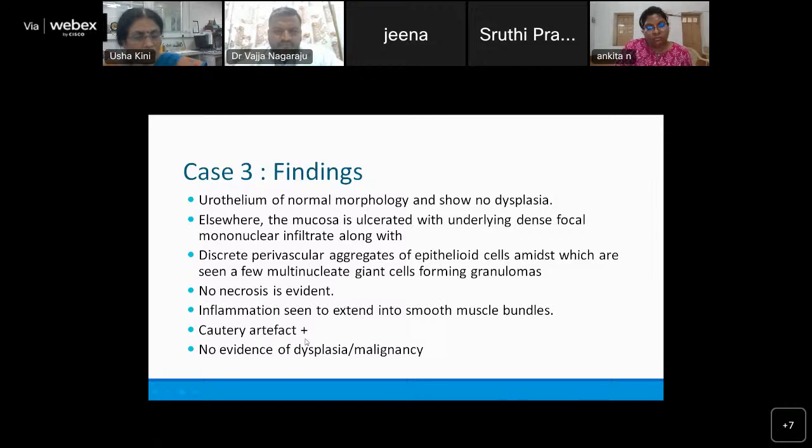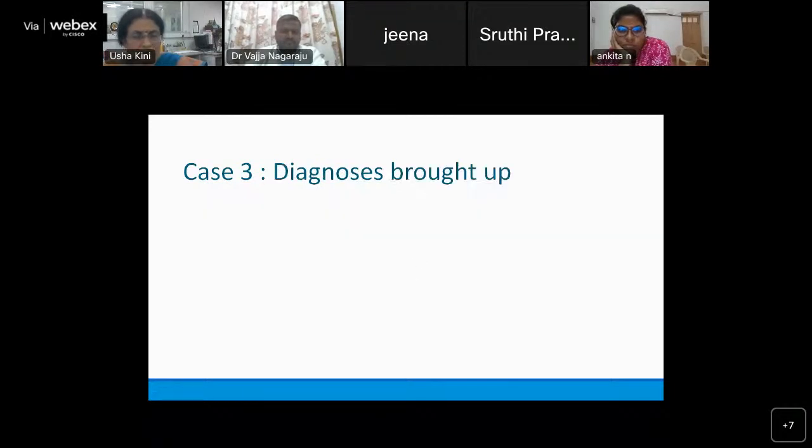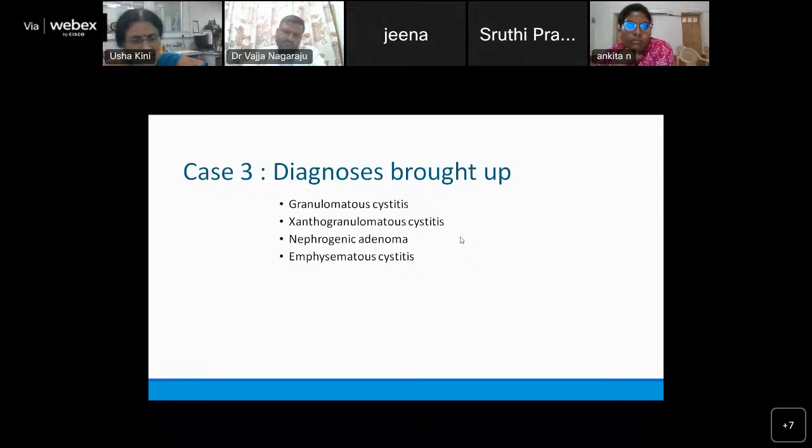that there were a lot of cautery artifacts in addition to whatever was happening, and there were multinucleate giant cells scattered. There were a few granulomas with no necrosis. So the diagnosis that came up in the group is granulomatous cystitis, xanthogranulomatous.